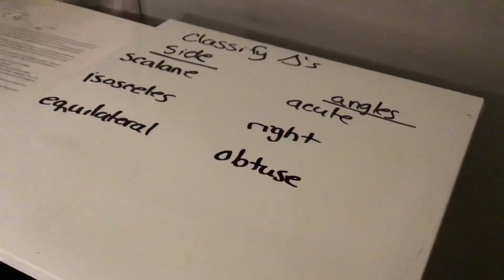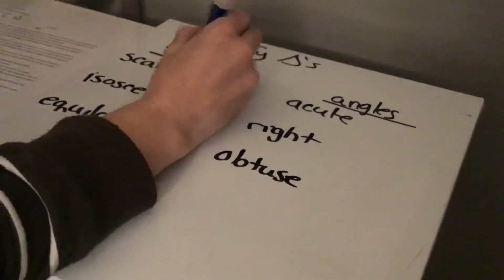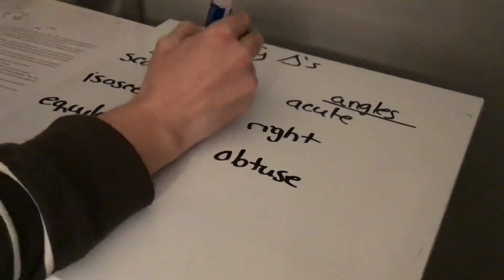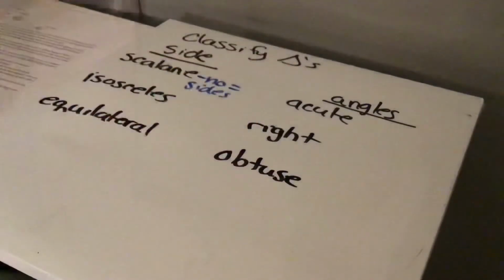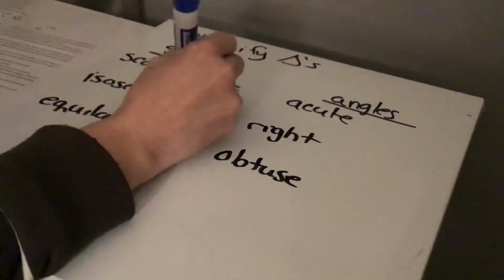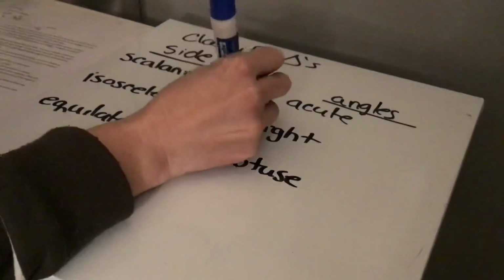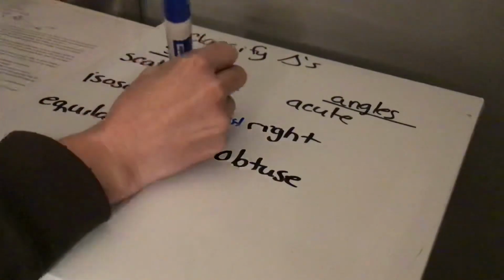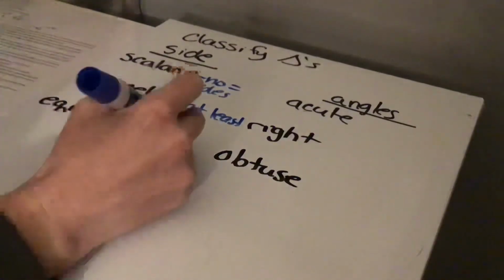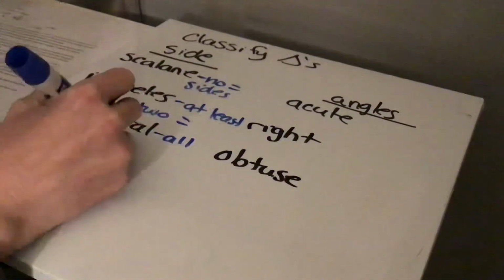So if we go back to the sides, scalene means no sides are the same. Okay, isosceles means at least 2 are the same. And equilateral means all 3 are equal.